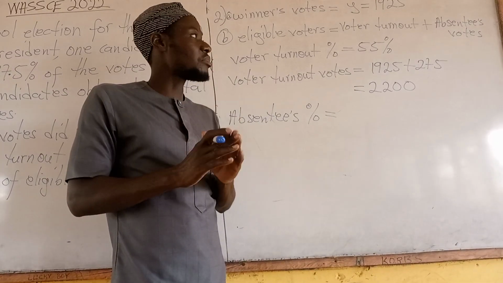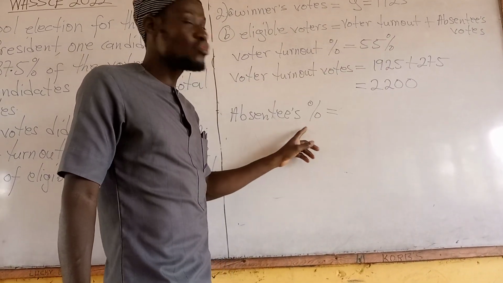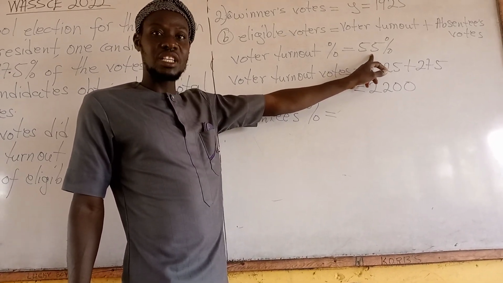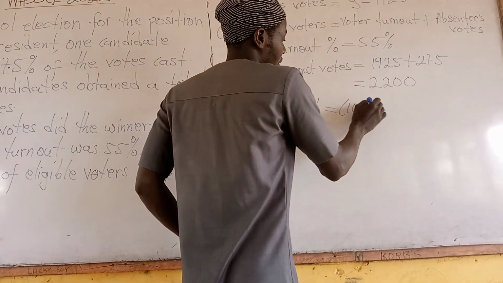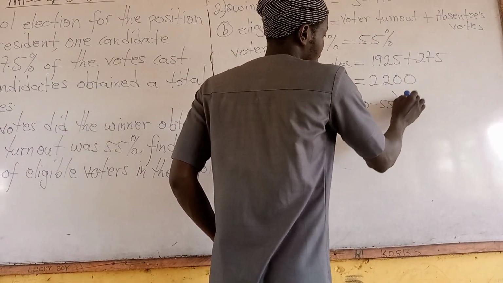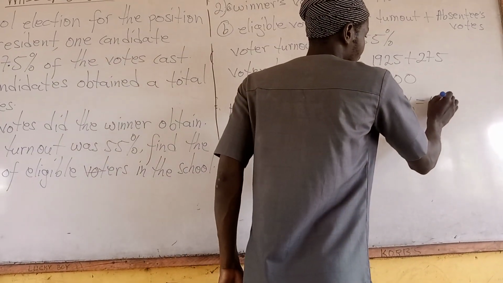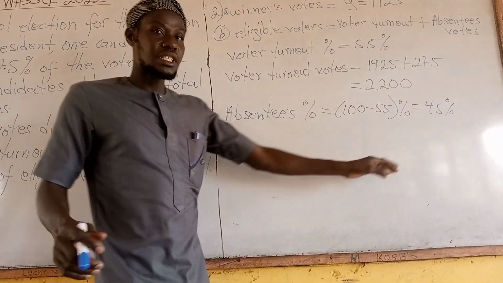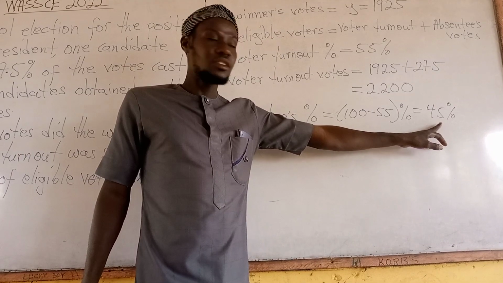Now, if they represent 100% and 55% of them turn out to vote, then those who didn't vote, their percentage will be subtracting those who came to vote, that's the voter turnout, from 100. So we have 100 minus 55. So 100 minus 55 will give us 45%.